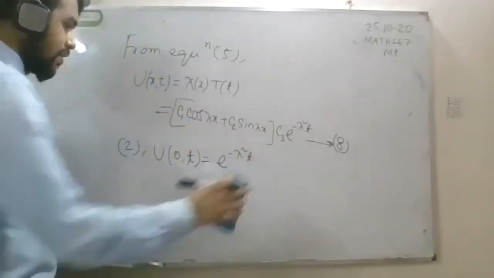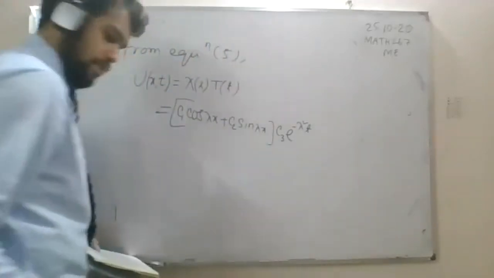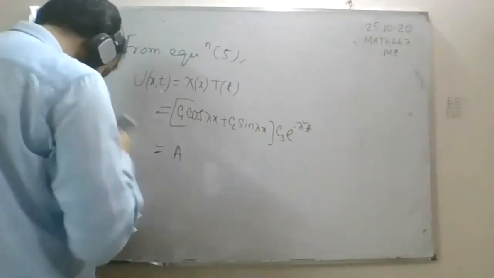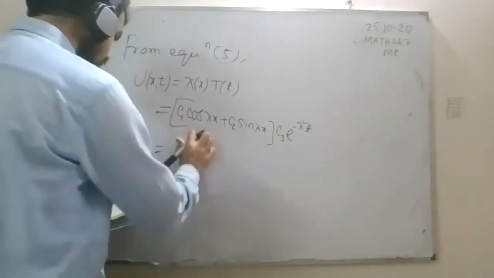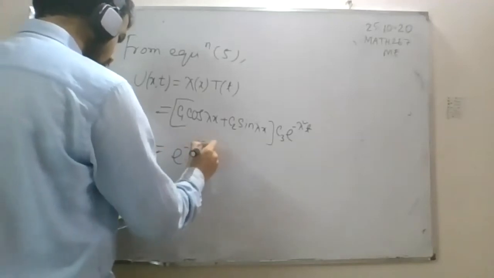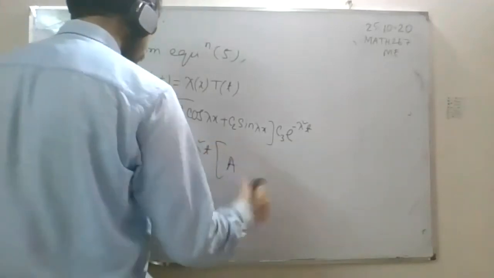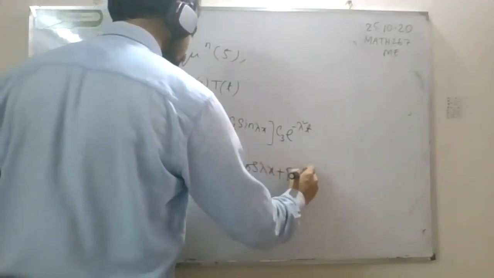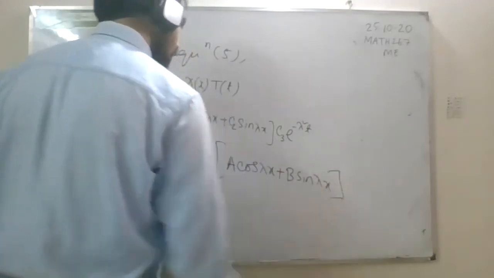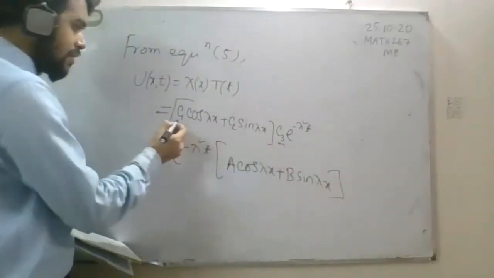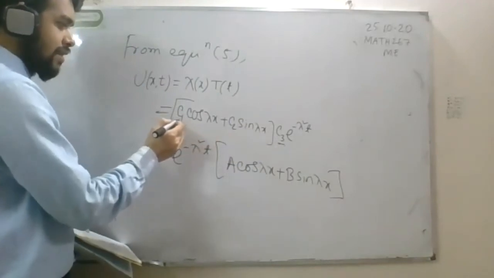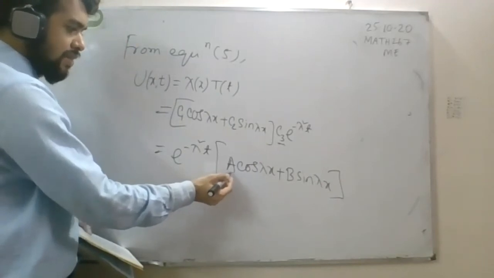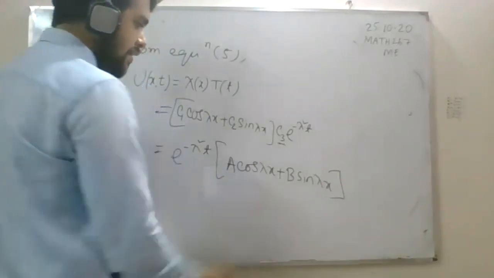Simplify this a little more: just multiply c3 with this term, then you can get c1 c3 and also c2 c3, and here c1 c3 is a and c2 c3 is b.